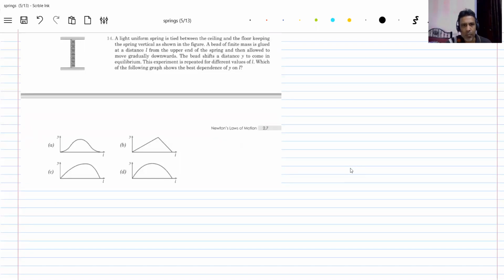A bead of finite mass is glued at a distance L from the upper end of the spring and then allowed to move gradually downward. The bead shifts a distance y to come to equilibrium. The experiment is repeated for different values of L. What is L? At a distance L. Which of the following graphs shows the best dependence of y on L?